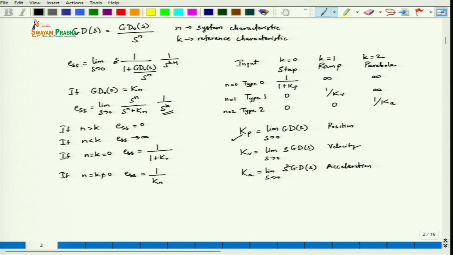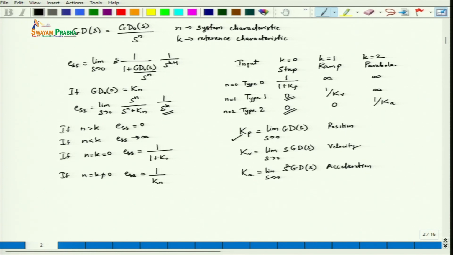Now, if we have a type 1 system where the open loop transfer function gd has one pole at the origin, and we are trying to track a step, then we come to this entry, that means the steady state error is 0. The same applies if we have two poles at the origin for the open loop transfer function; we get the steady state error to be 0.